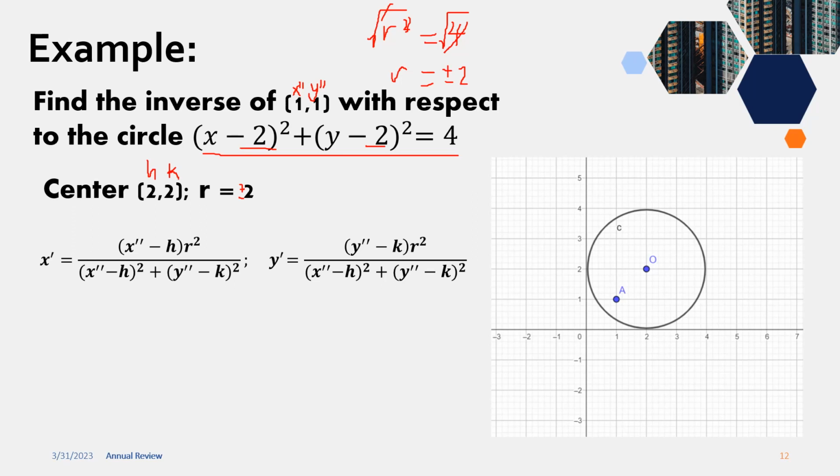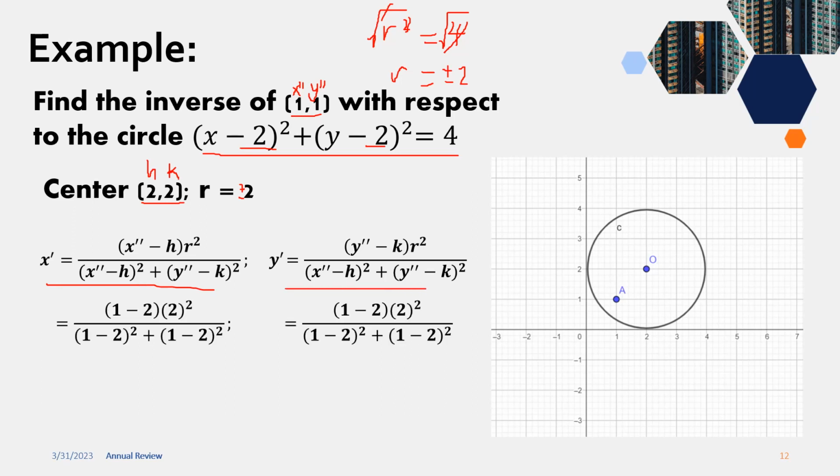So if we're going to substitute these values, this one and this one, in this formula, the result will be the inverse at point negative 2 and negative 2. Where is it? Right here.